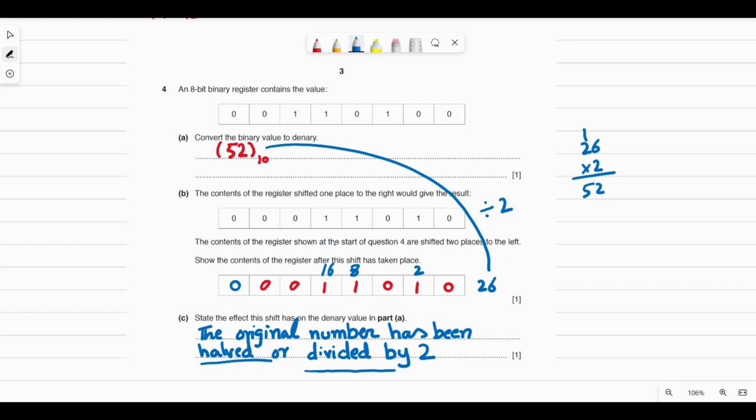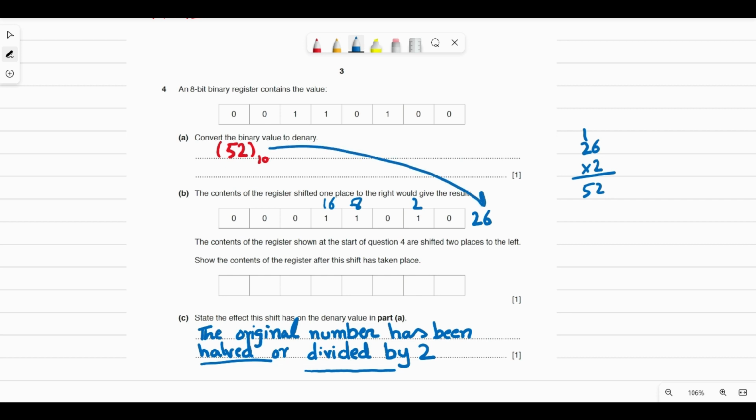The contents of the register shifted one place to the right would give this result, so its answer is 26. I made a mistake, but that mistake has proven to be helpful.